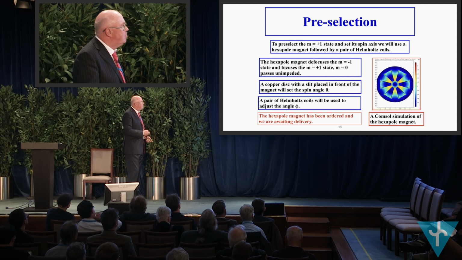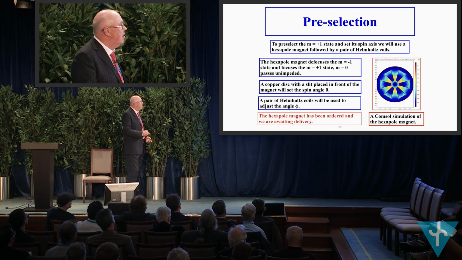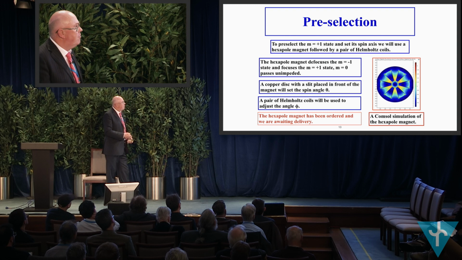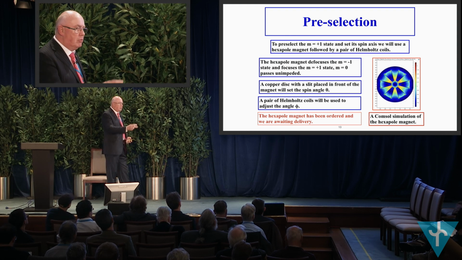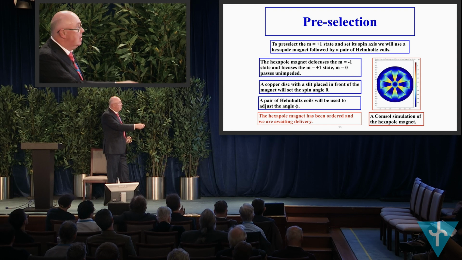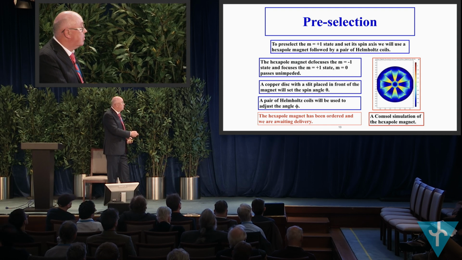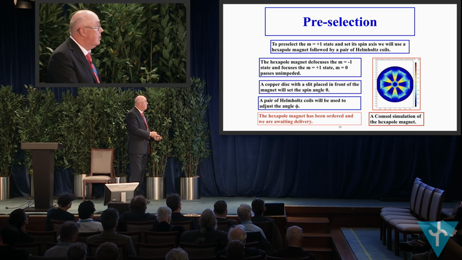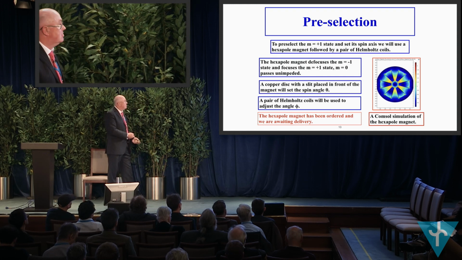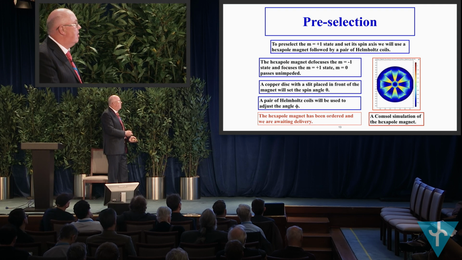What we're going to do is put an oxygen-free copper disc in front of this with a slit in it, which will rotate, and that will set the angle theta. Before anybody asks, it's made of copper because obviously we don't want it being magnetic. Otherwise, it will never rotate because it will get stuck to the front if it was made out of iron or something.